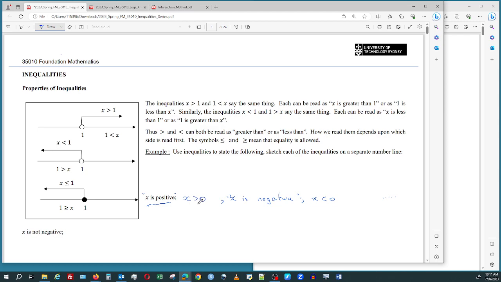All right, so let's have a think a little bit about how these things work. What we've got here is an example. So we've got x is greater than 1, so that's the one that we're referring to here. The greater than symbol uses this circle. So on the number line, you can have different types of circles. Some will be coloured in and have a different meaning to the ones that are not coloured in.